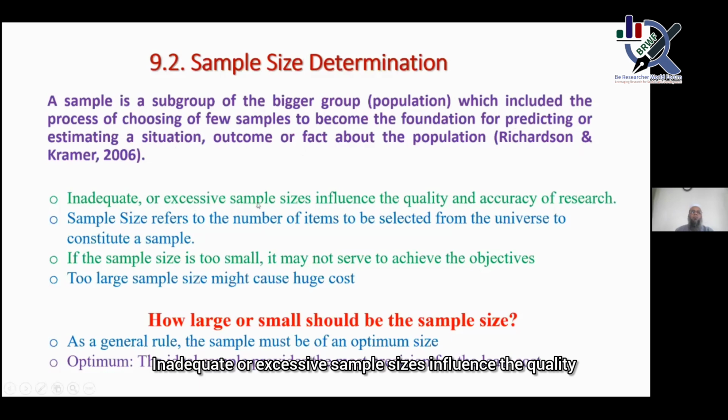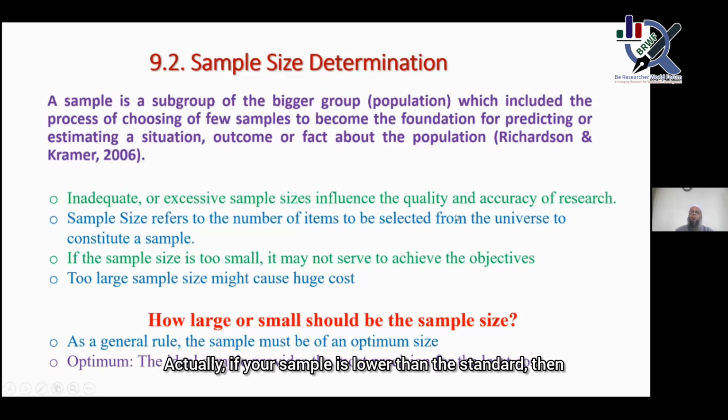Inadequate or excessive sample sizes influence the quality and accuracy of research. Sample size refers to the number of items to be selected from the universe to constitute a sample. If the sample size is too small, it may not serve to achieve its objectives, and too large a sample might cause a huge cost.